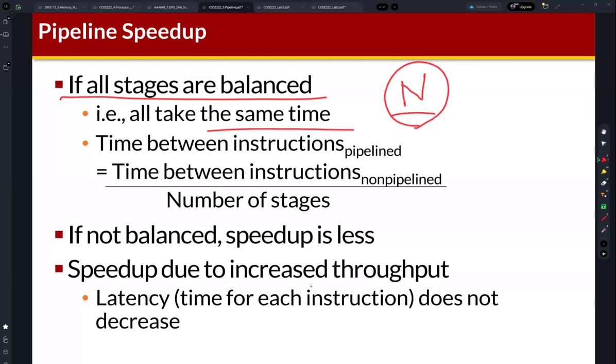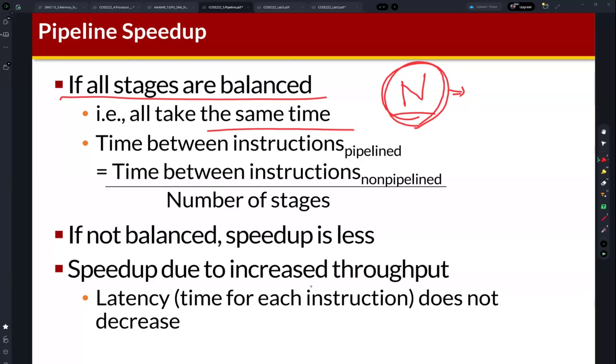Like the laundry process analogy, if we apply an n-stage pipeline and the delay of all stages are the same, then we can divide the clock period by n, right?